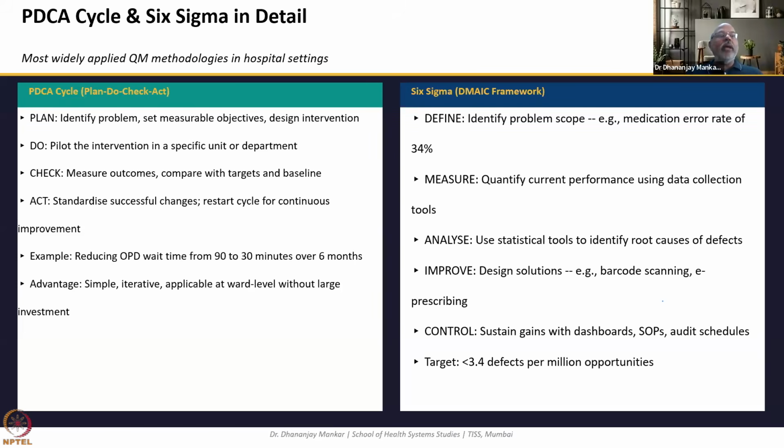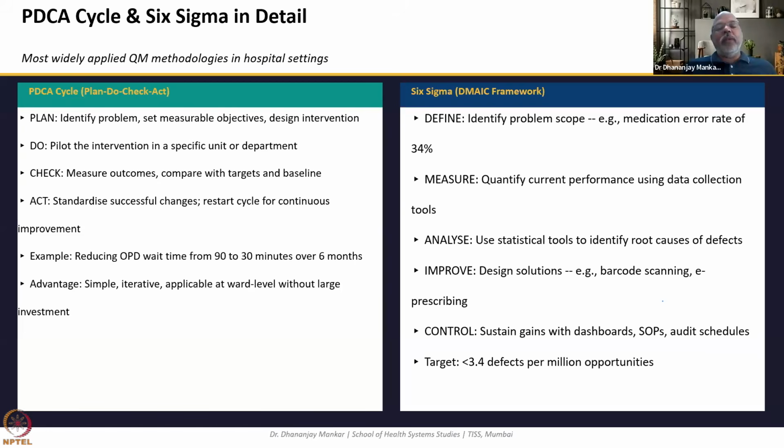The advantages are that it is very applicable at ward level without large investment, and it is seen as a very important way of dealing with the majority of quality management issues, from OPD to IPD, improving patient outcomes, even communication, and many other things. It is the simplest way of dealing with this issue.